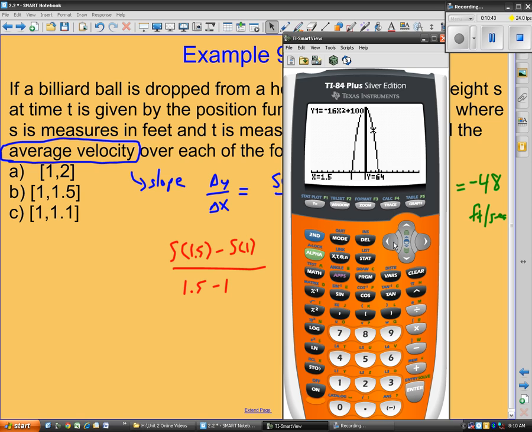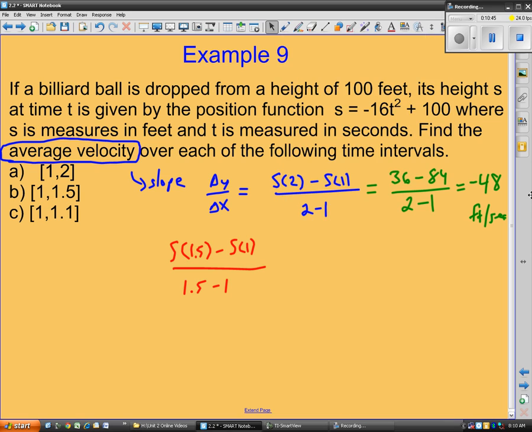So it's 64 minus 84 over 1.5 minus 1, which basically will give me negative 20 over 0.5, which means we have a negative 40 feet per second.